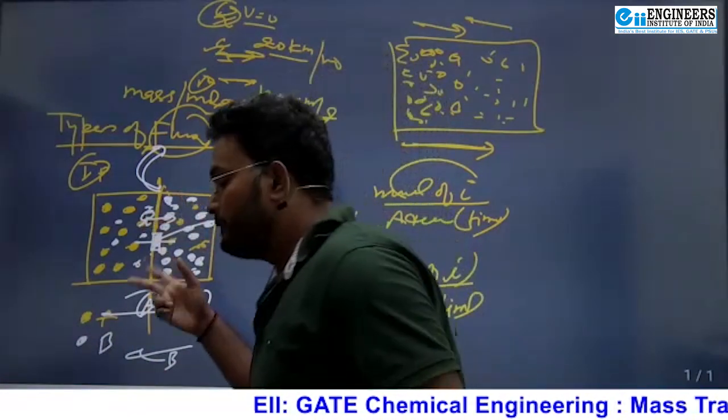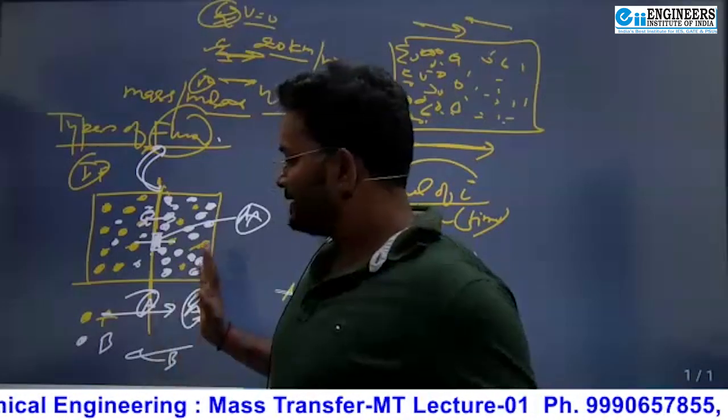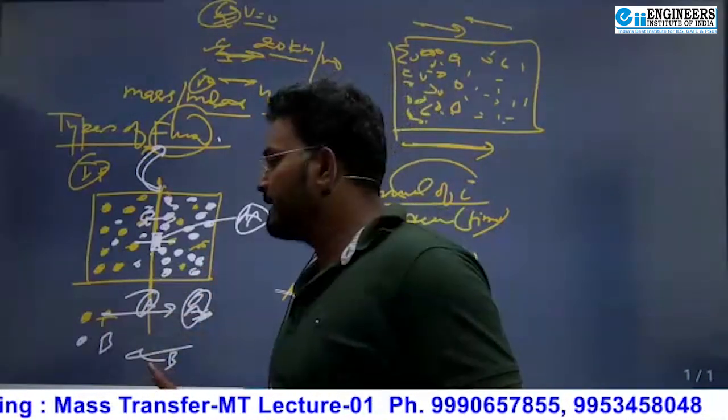You will find two different fluxes. Is it right? What is the requirement of these two fluxes, I will discuss later on. Is this clear? The same thing is for B as well.